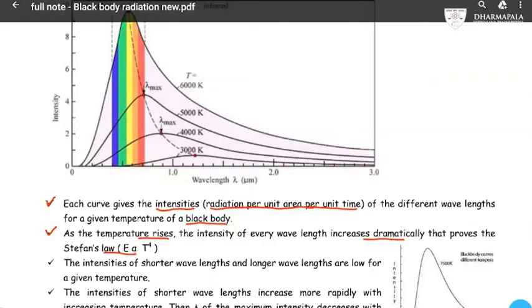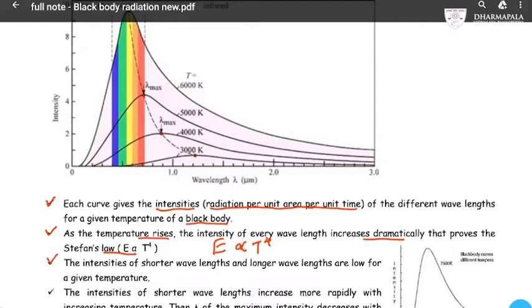So what does Stefan's law say? This intensity is proportional to the fourth power of absolute temperature. So a small increase in temperature will dramatically increase the energy released by the black body.